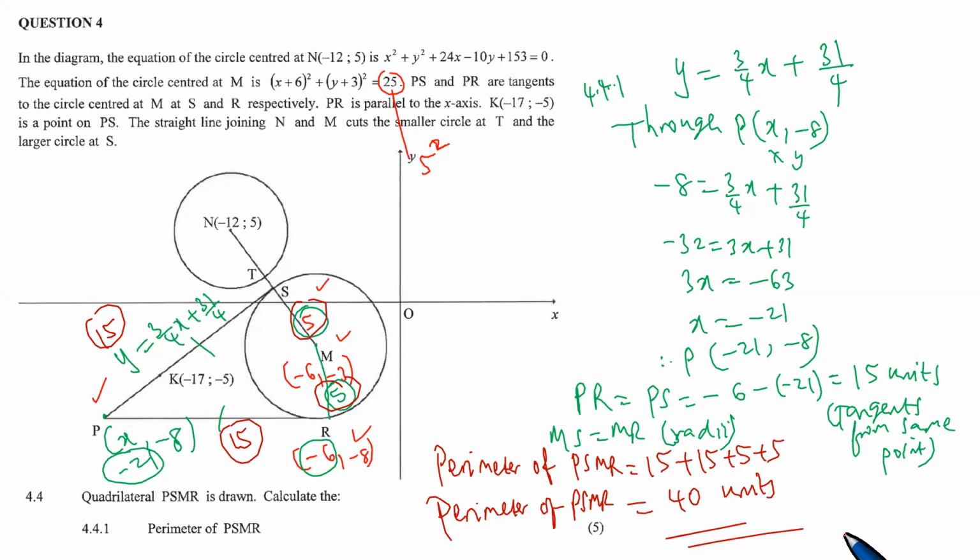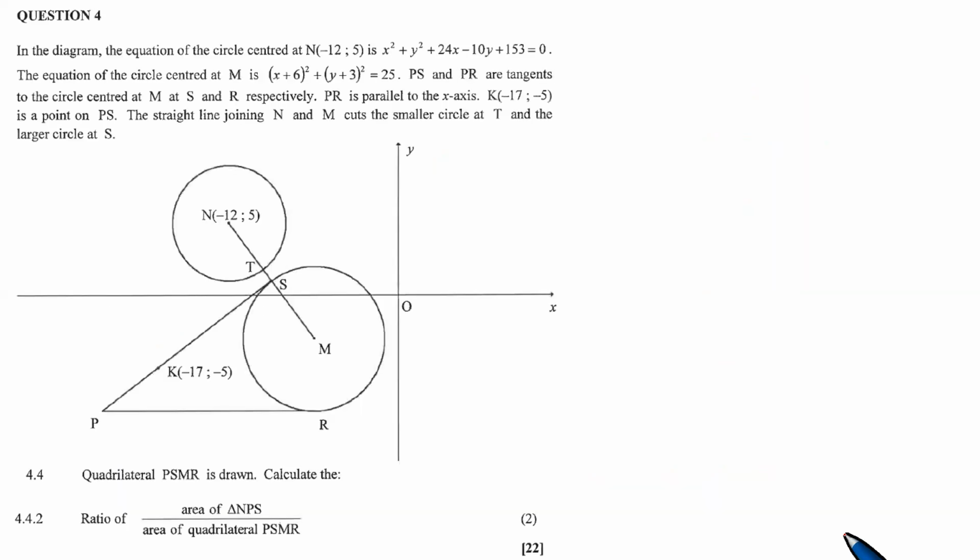Okay. So, yeah. Next question. Right, so now we have that a quadrilateral PSMR is drawn. Calculate the ratio of these areas here.